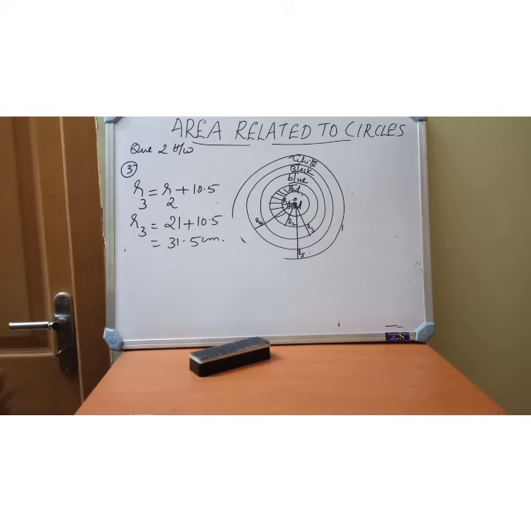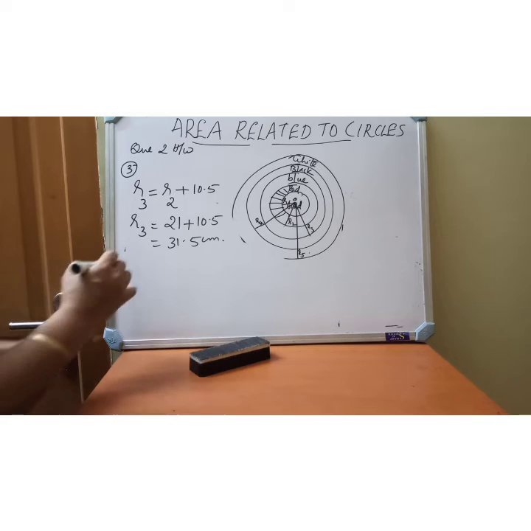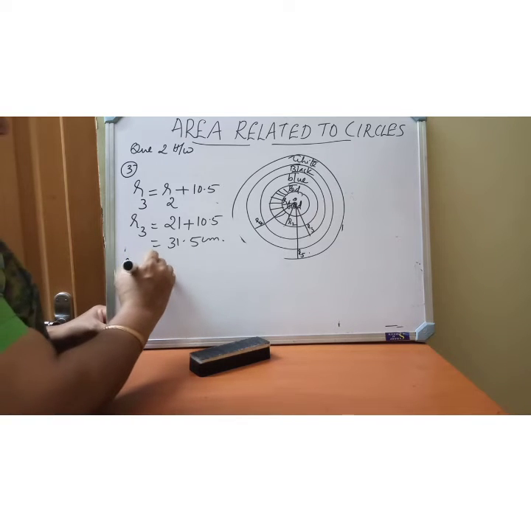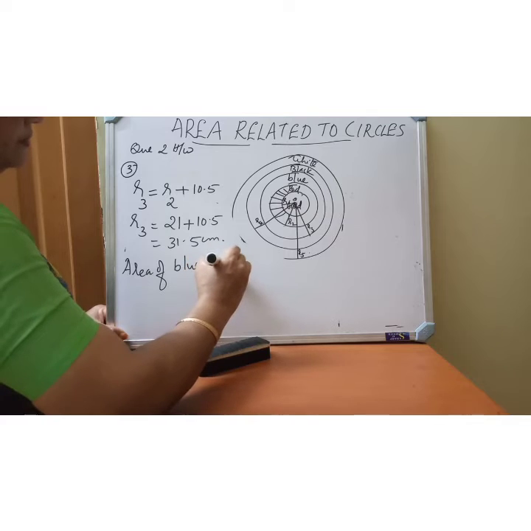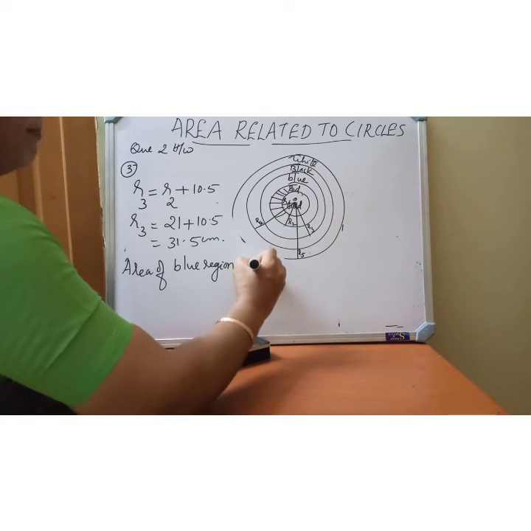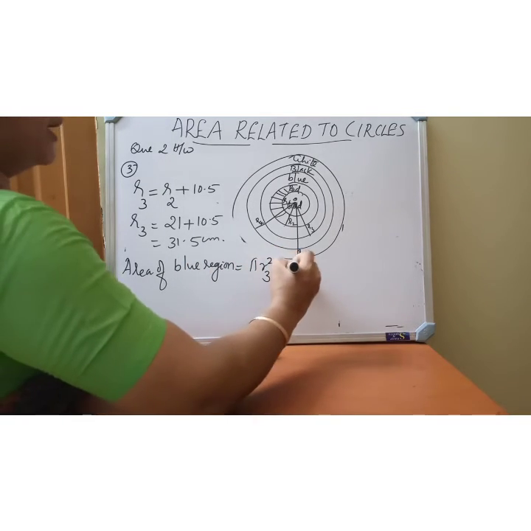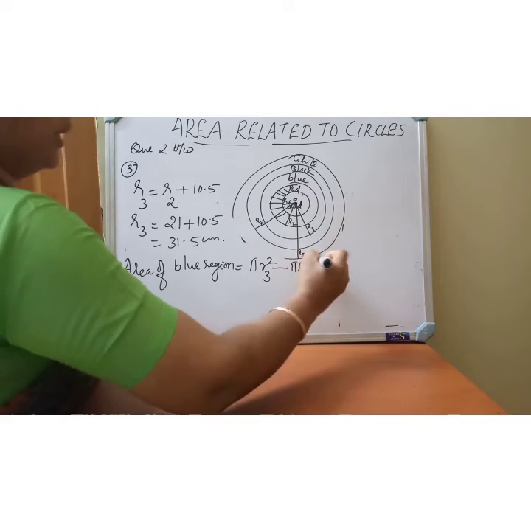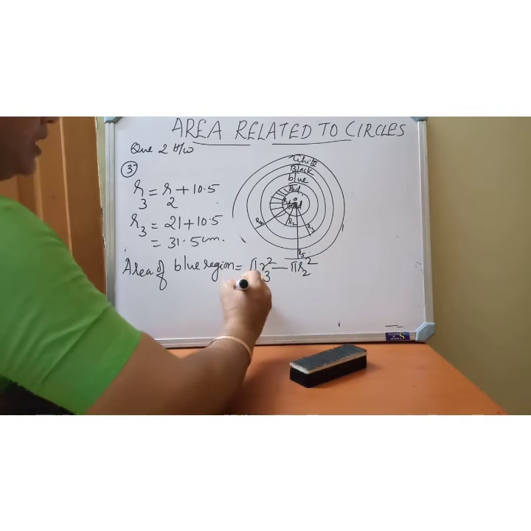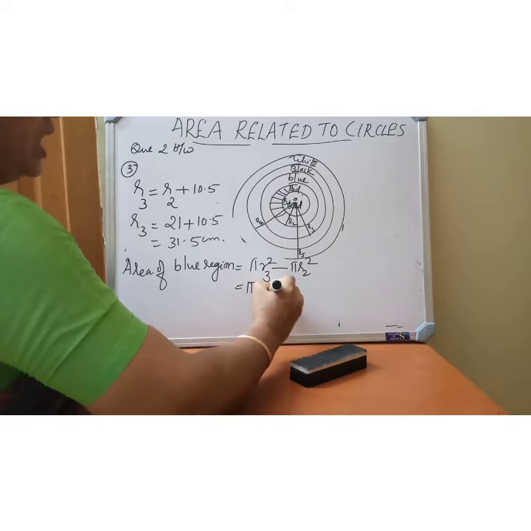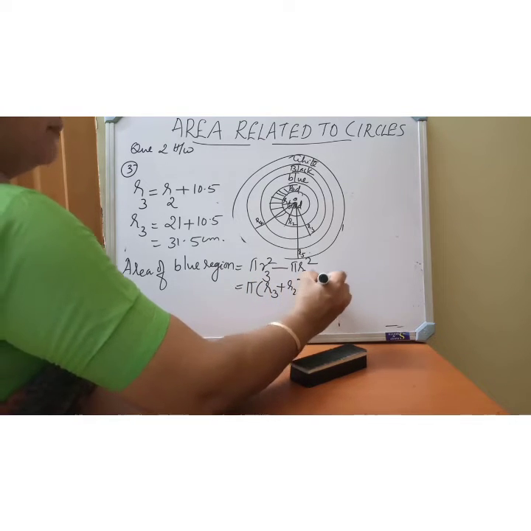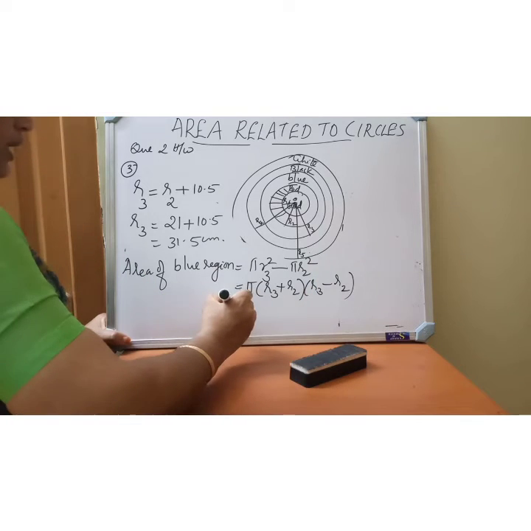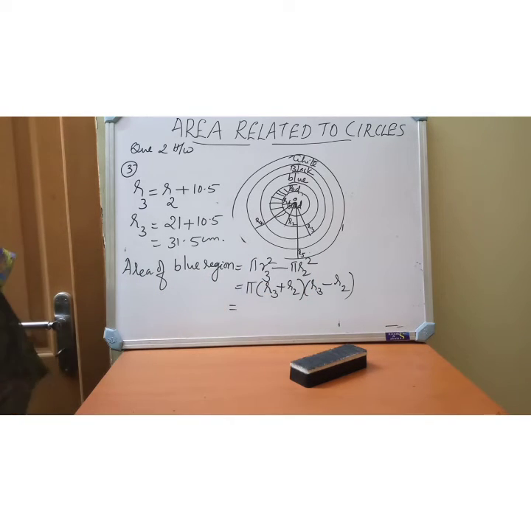Now we have to write area of blue region is equal to pi R3 square minus pi R2 square, that is pi into R3 plus R2 into R3 minus R2. So R3 value and R2 values we know well.